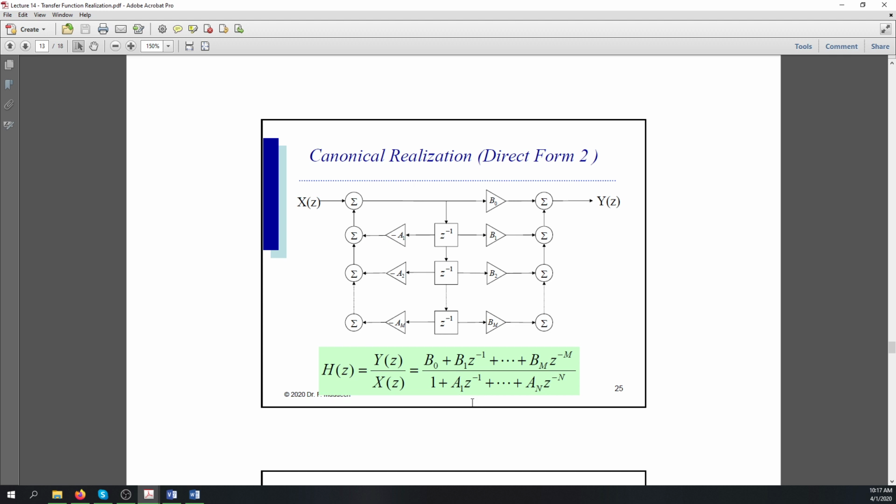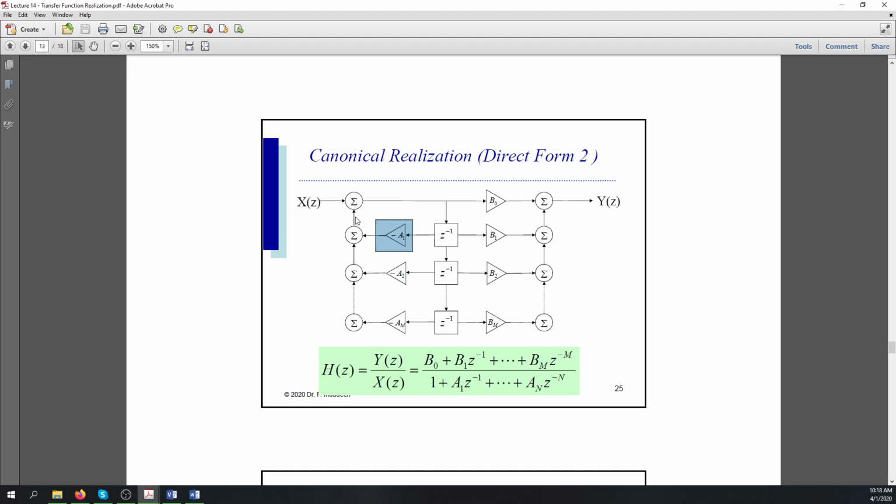Here, when you're watching it on the denominator, you might say, okay, this is positive A1 and so forth, right? But whatever the value of A1 is here, you need to put that as the negative value here when you put it in the diagram.